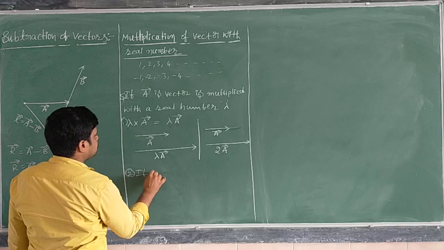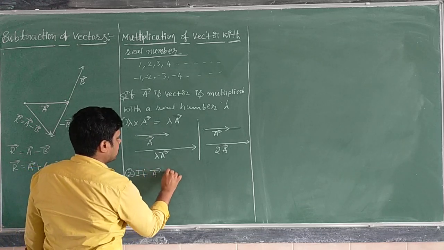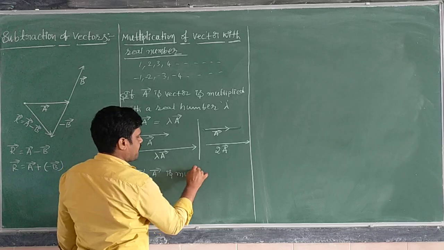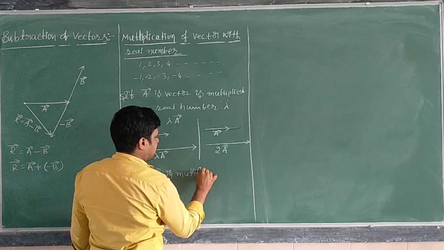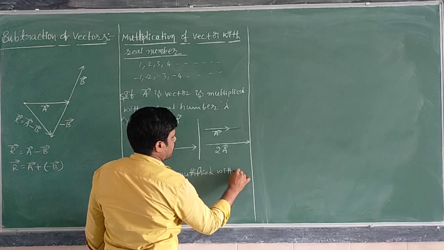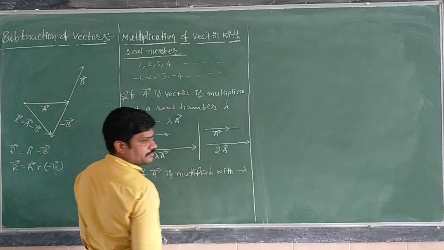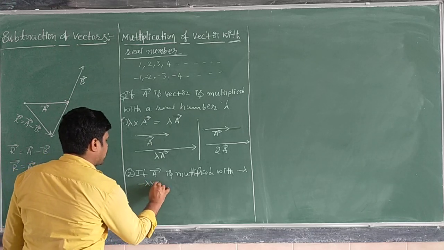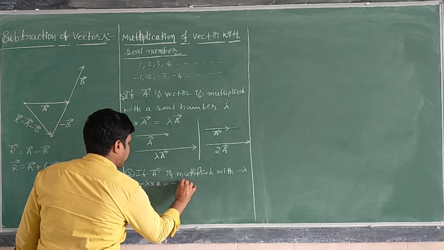If a bar is multiplied with minus lambda, in that case see, minus into a is equal to minus a bar.